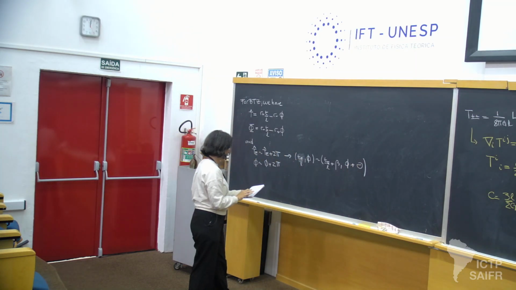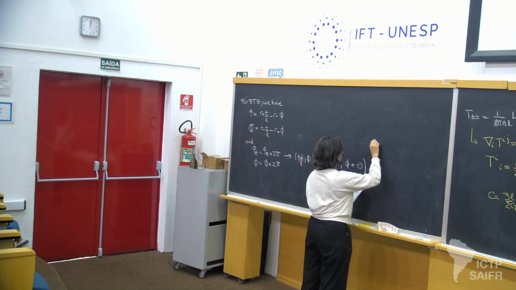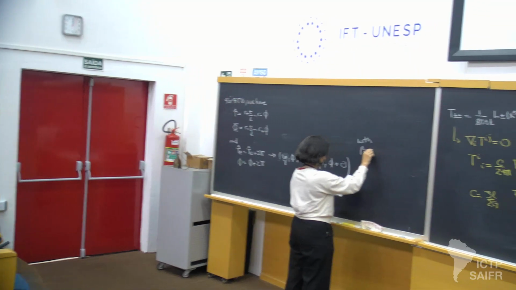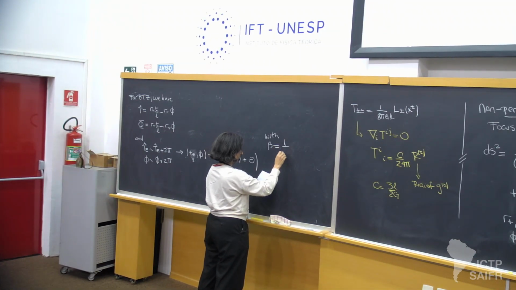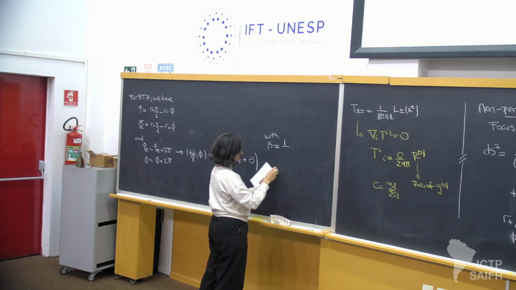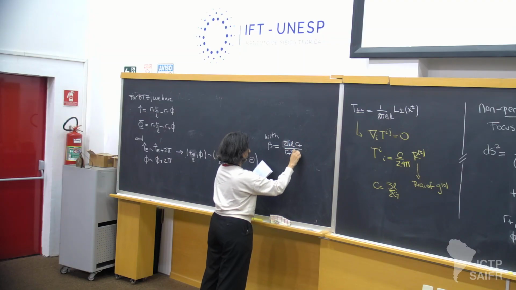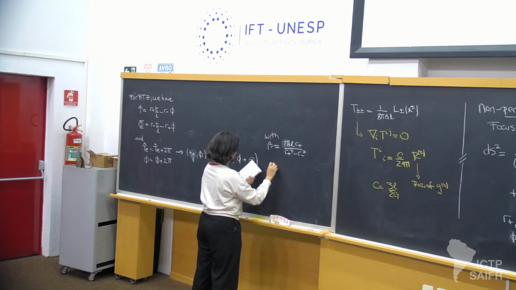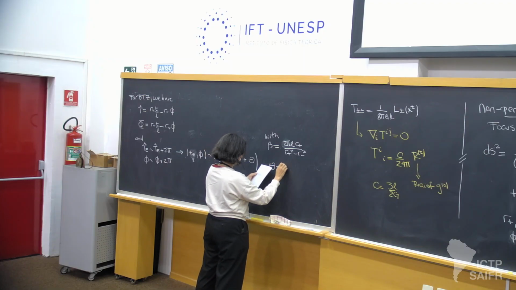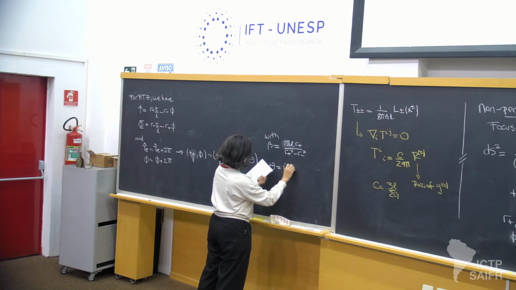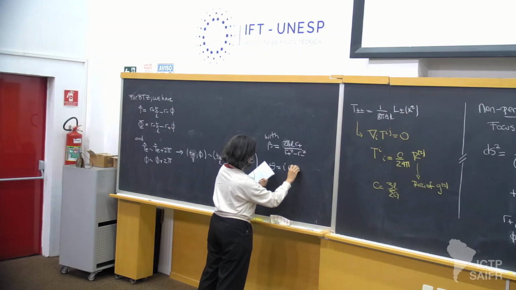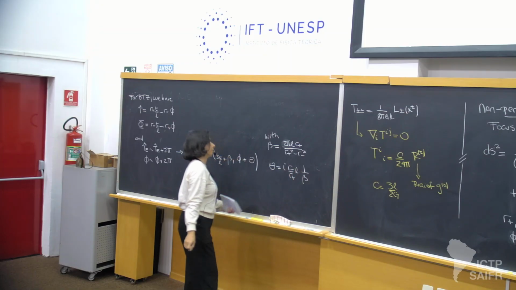We'll have those identifications where beta and theta is something that we're going to call one over beta.